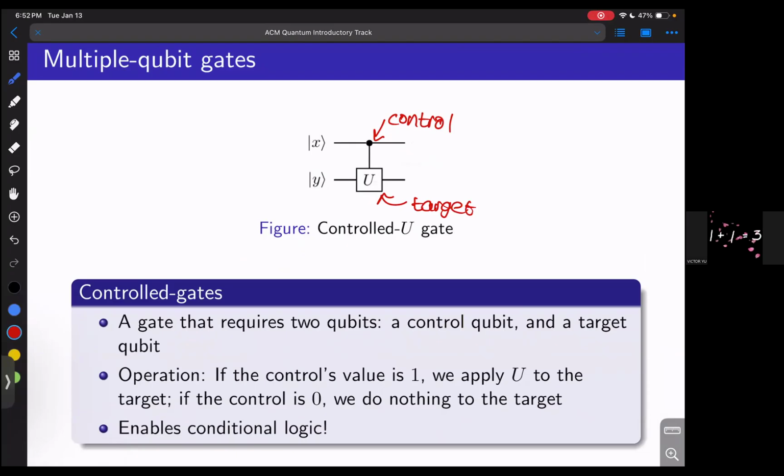The 2-qubit gate will apply the single-qubit gate U to the target qubit if the control qubit is in the 1 state. So it's like a conditional.